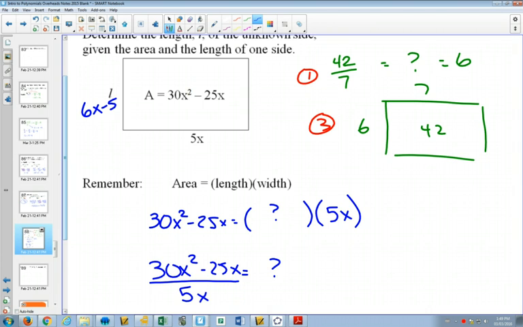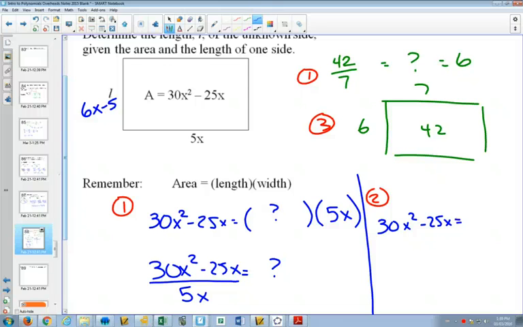Now method number 2 says start off the same way. 30x squared minus 25x equals something times 5x. I'm going to start this on a new page because I want some more space.